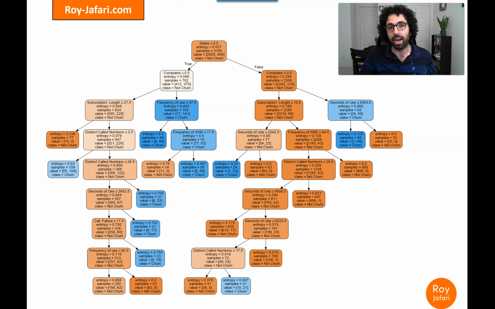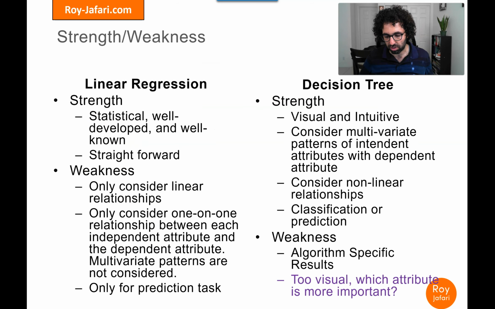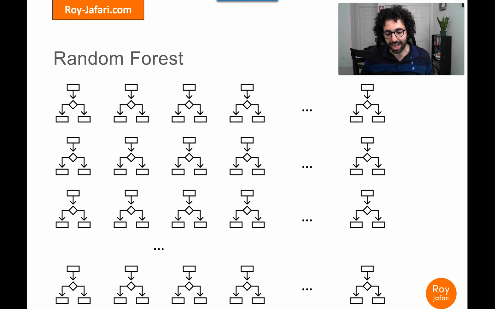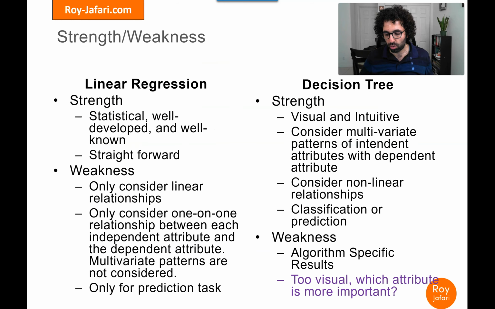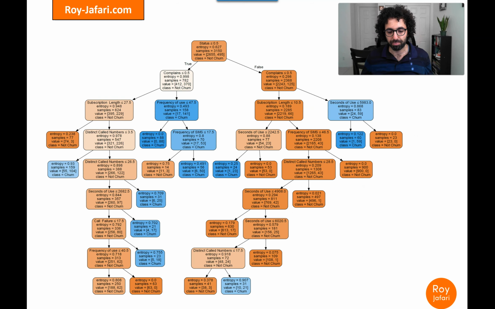Or is it the fact that an attribute occurs in the decision tree more often? That creates a challenge for us, and that's the disadvantage of the decision tree. But with random forest, that is going to be dealt with. So we're going to see a method that's not going to have this specific shortcoming.